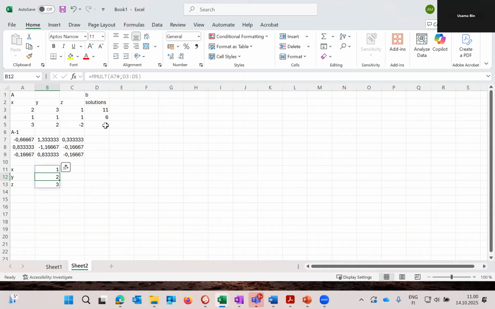Try 3 dimensions. Would it show it correctly? I'll try the one that was really simple.